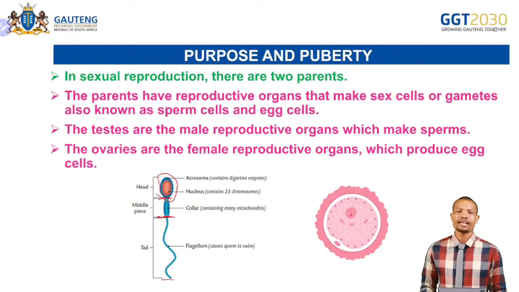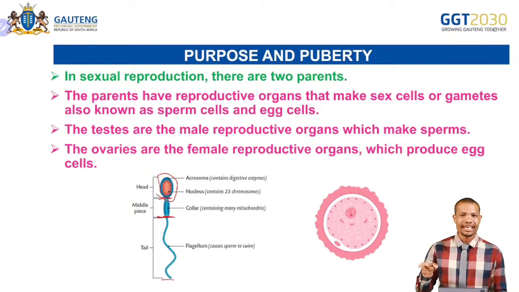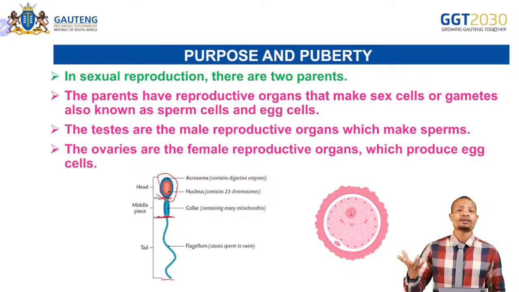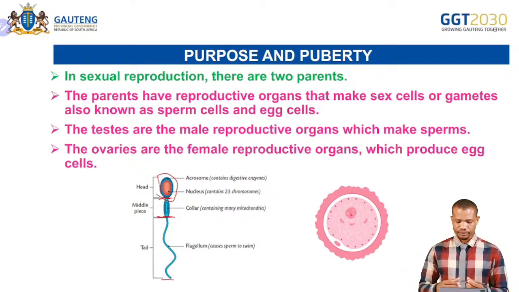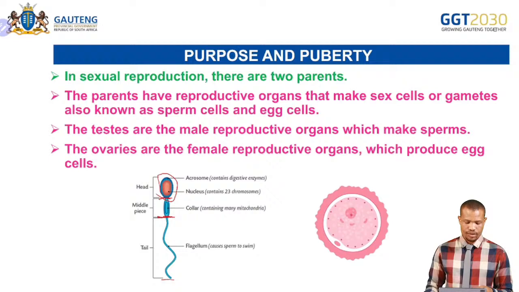Why does the sperm need energy? It must be able to swim all the way to the ovaries of a female to get the egg to fertilize and to form a zygote, which later becomes a baby, okay? So that's the purpose of these many mitochondria, to provide it with energy so that it can swim.